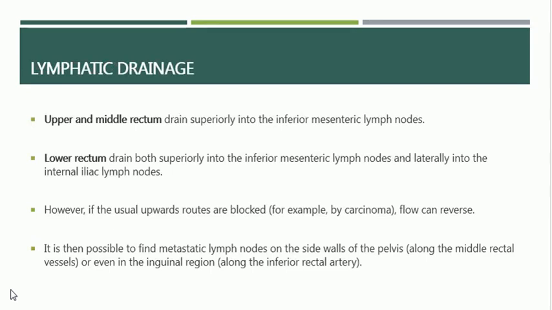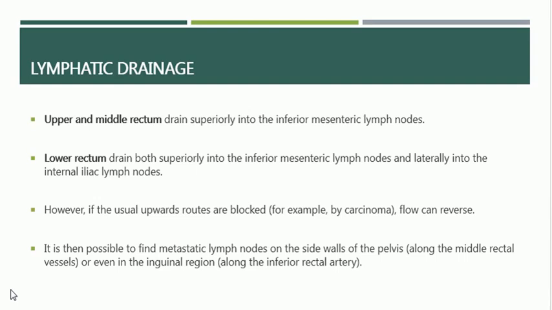Lymphatic drainage. Again, this is a very important aspect of the surgical anatomy of the rectum. You should be aware of lymphatic drainage, because its significance comes when we are talking about rectal malignant tumors, rectal carcinomas. Upper and middle rectum drains superiorly into the inferior mesenteric lymph nodes.